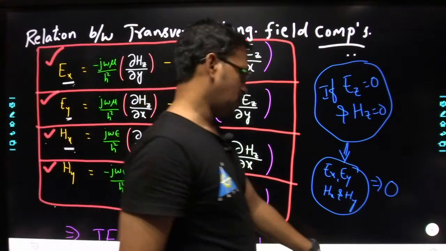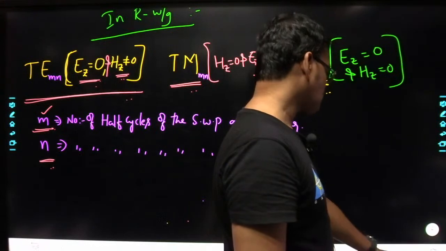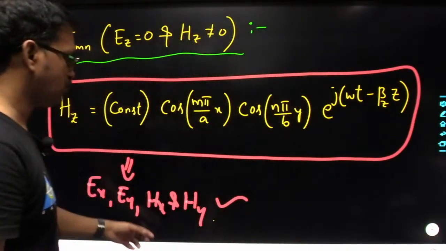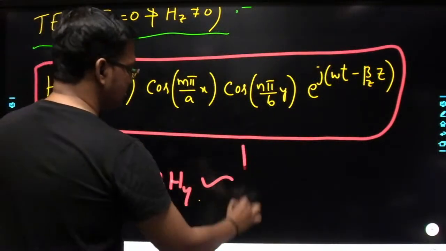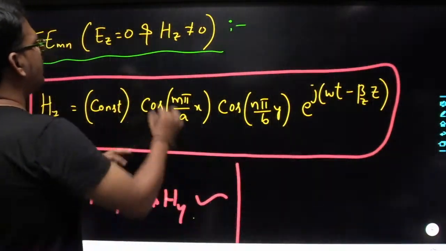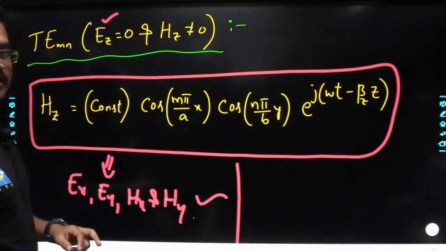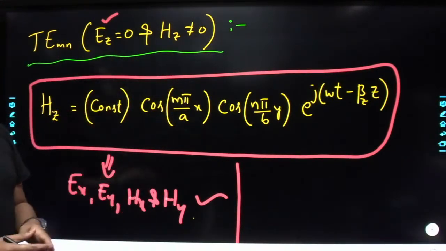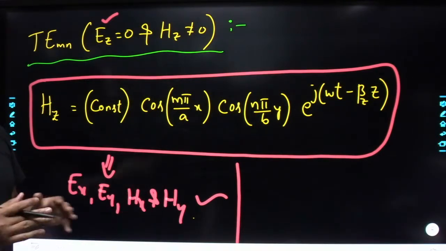So now see here. Now we have to check which modes are possible. One thing we are clear about is that in TE mode Ez is already equal to 0. If Hz also becomes equal to 0, then those modes are not at all possible inside the waveguide. We know that one.